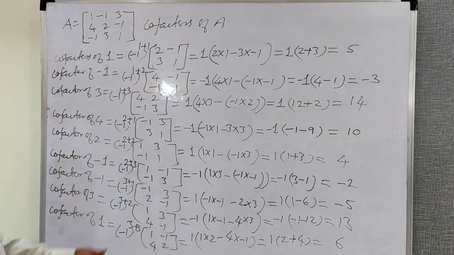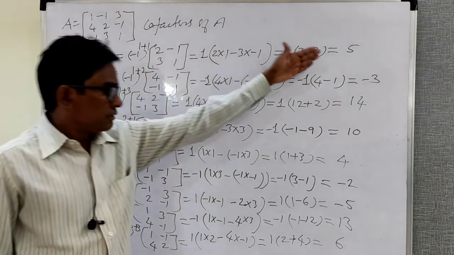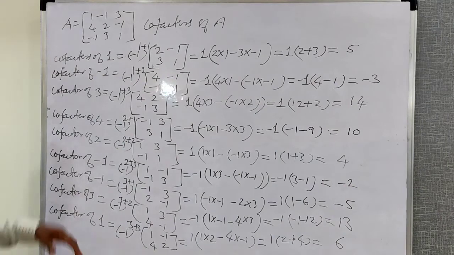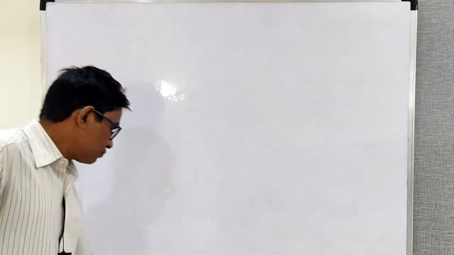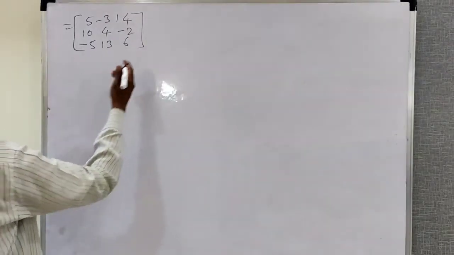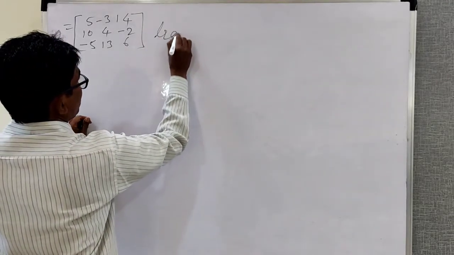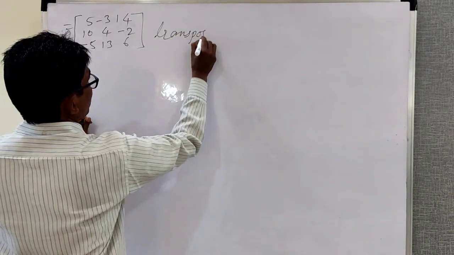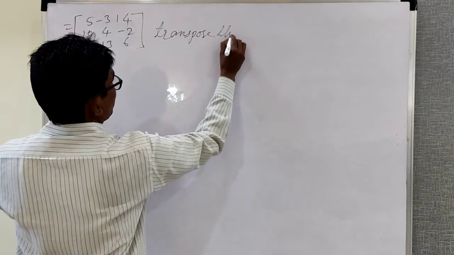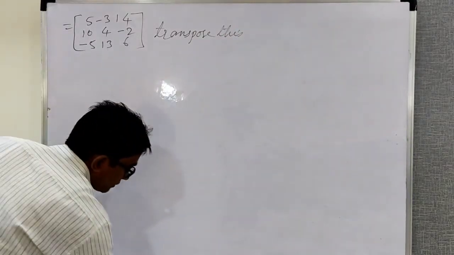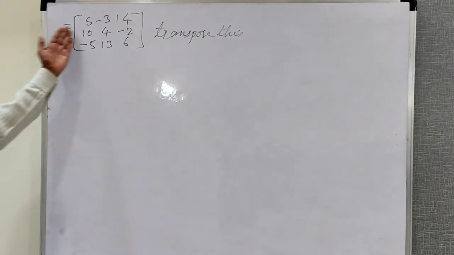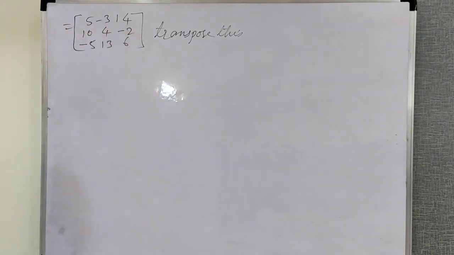So we got cofactors of A. Now write down as a matrix and transpose it. We will get adjoint of A. So using these cofactors of A, form a matrix. Now transpose this. So what is meant by transpose? Write down the elements of rows as columns, that is transpose.